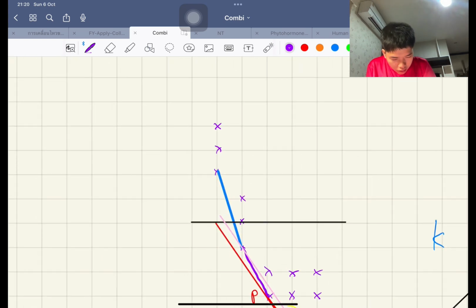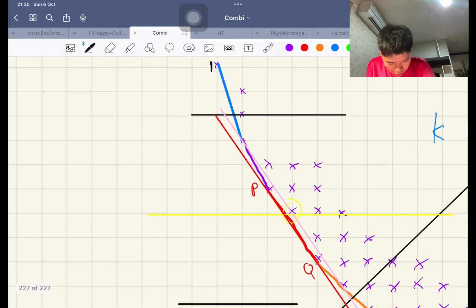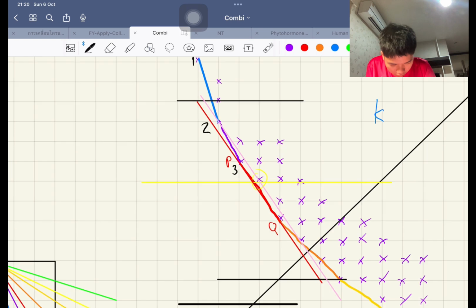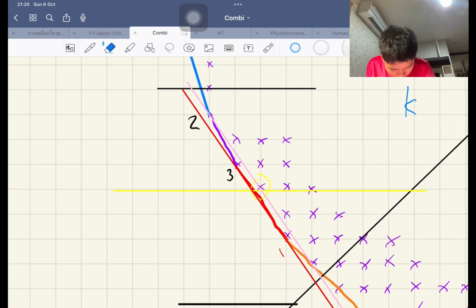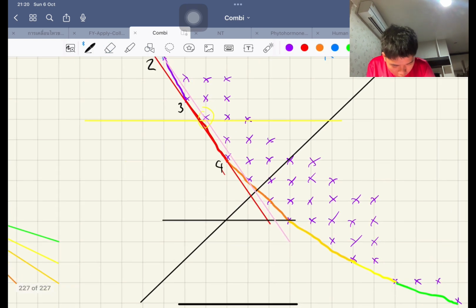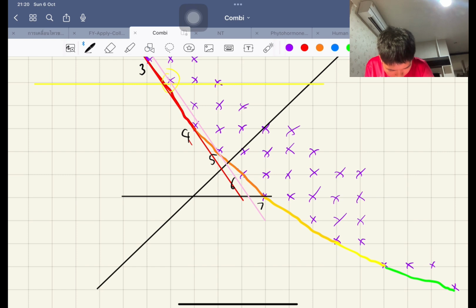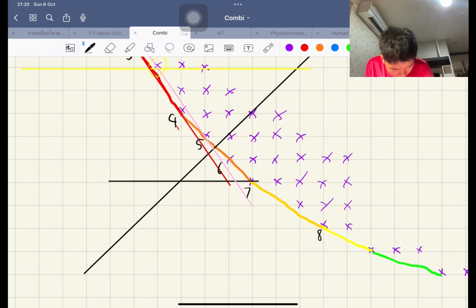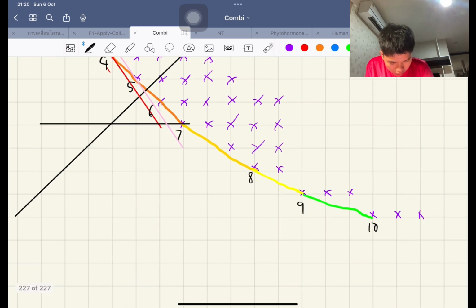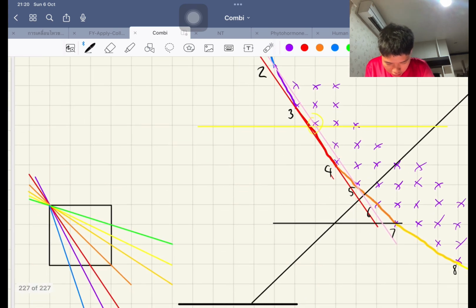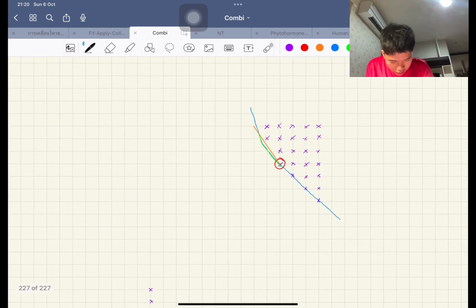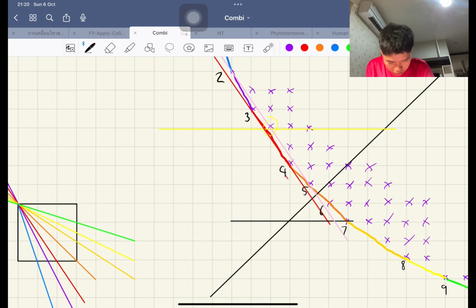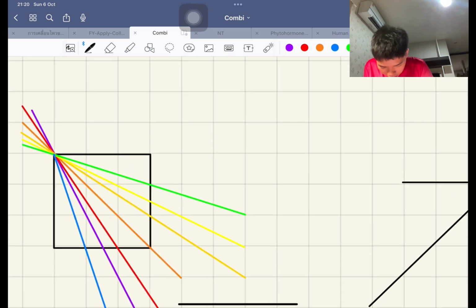So this one, I'm going to label it like this: 4, 5, 6, 7, 8, 9, 10. This is where it goes.